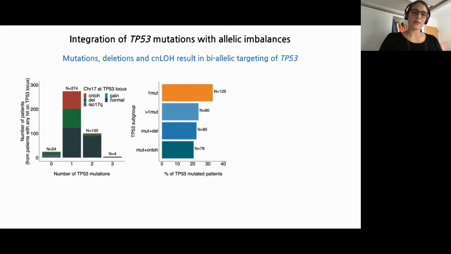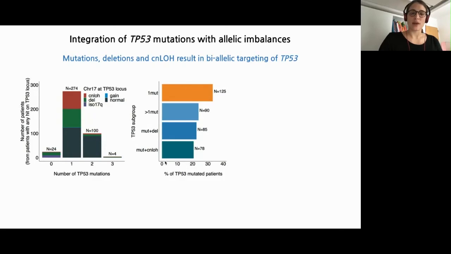Looking specifically at TP53, we've been integrating mutations at the locus together with allelic imbalances, to include deletions or copy-neutral LOH. Here on the bar plot on the left, you see the number of TP53 mutations color-coded by the status of the chromosome at the locus. Patients can harbor mainly one mutation or two mutations, and half of the patients with one mutation will have a normal karyotype at the locus, or allelic imbalances such as deletion or copy-neutral LOH.